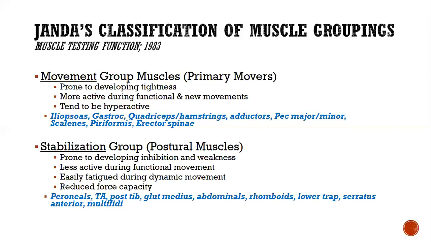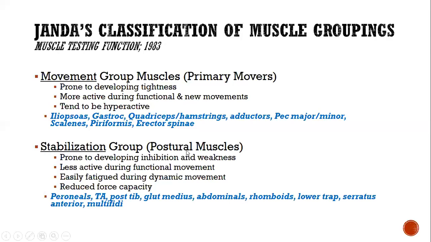I bet it's been a while. How about an erector spinae strain? Maybe not quite as long, but when's the last glute medius weakness that you saw? Or peroneal injury, or rhomboids, or posterior rotator cuff? You see what I'm saying? It's these muscles down here, the stabilization group.